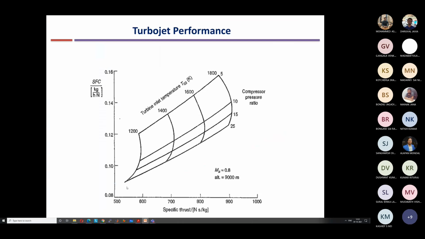So the same type of curves we can draw for other turbine inlet temperatures: 1400, 1600, 1800. If you draw like this, this is another curve for 1400. This is for 1600. You will see that with increasing temperature, the specific thrust increases, and the thrust specific fuel consumption also increases.